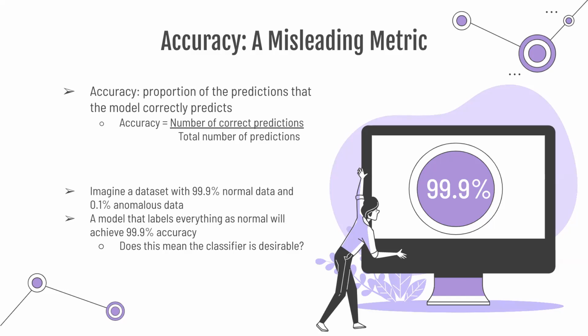So this may sound great on a surface level, but imagine a data set that had 99.9% normal data and 0.1% anomalous data. So a model that would label every single point as normal would definitely achieve the 99.9% accuracy. But this does not mean that the classifier is desirable, because it was just naively saying that everything was normal. And this is obviously incorrect.